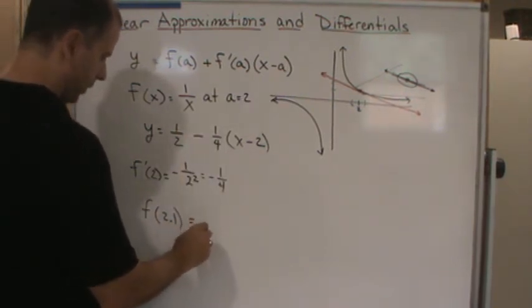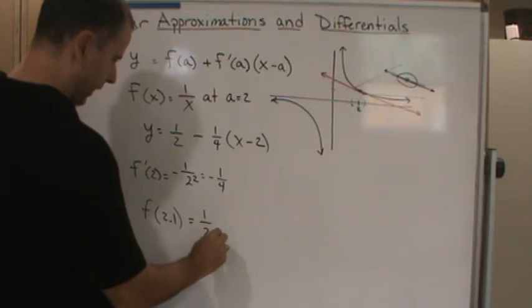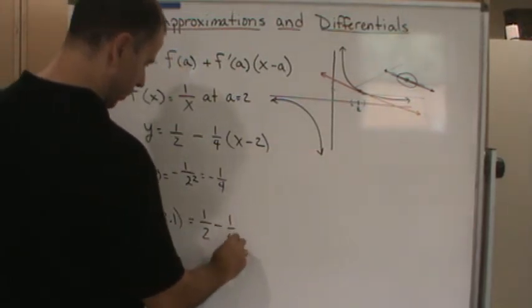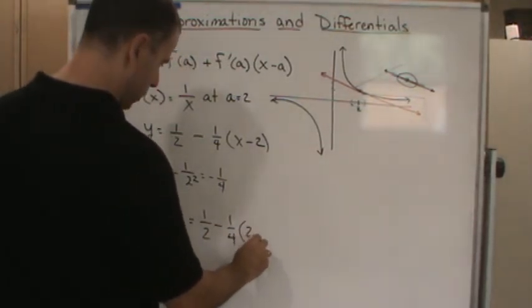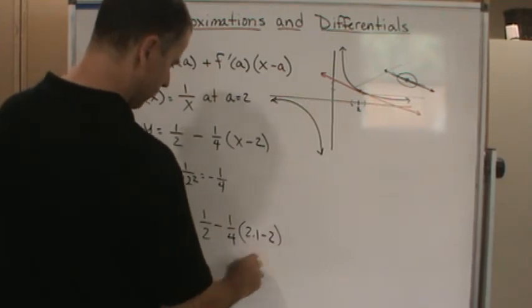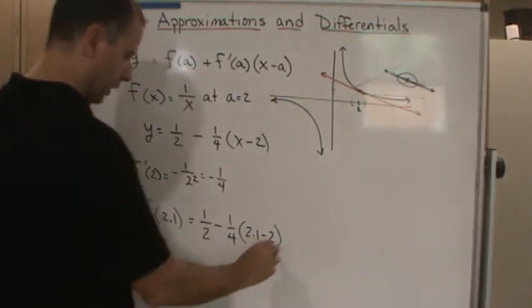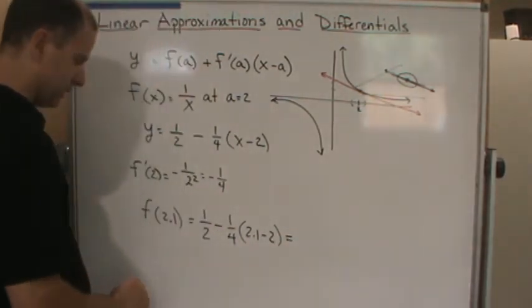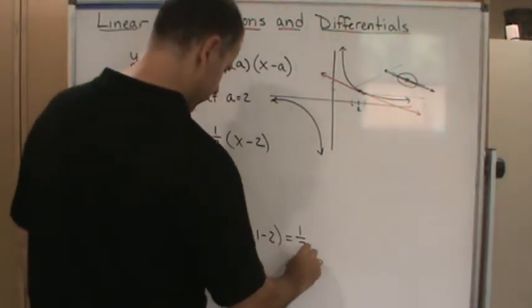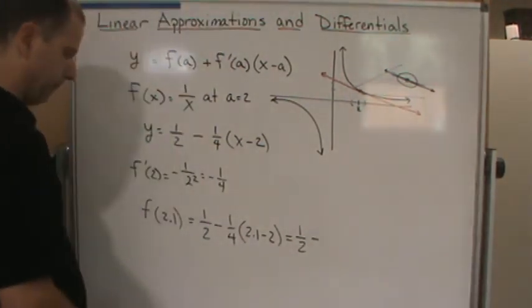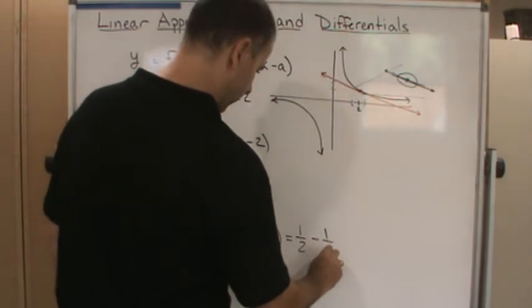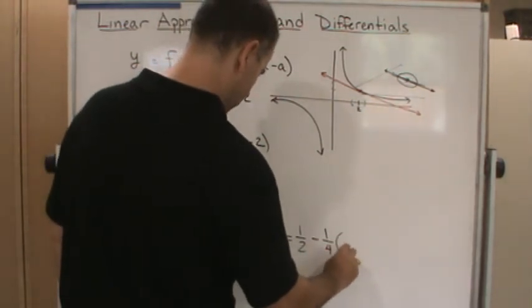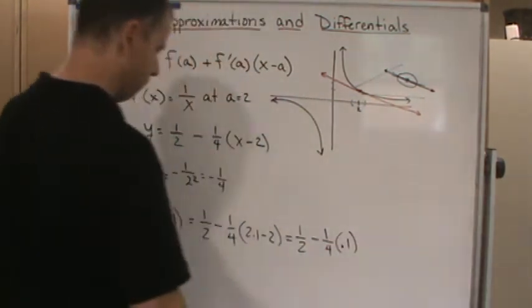So we would write 1/2 minus 1/4 times 2.1 minus 2, right? And so what would we get? We'd get 1/2 minus 1/4 times 0.1.